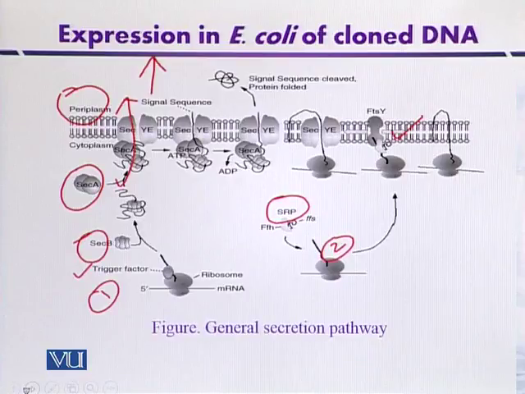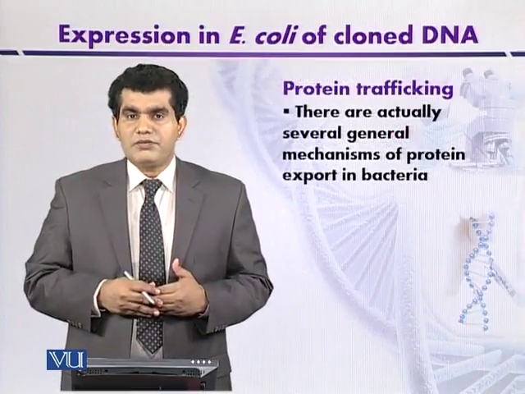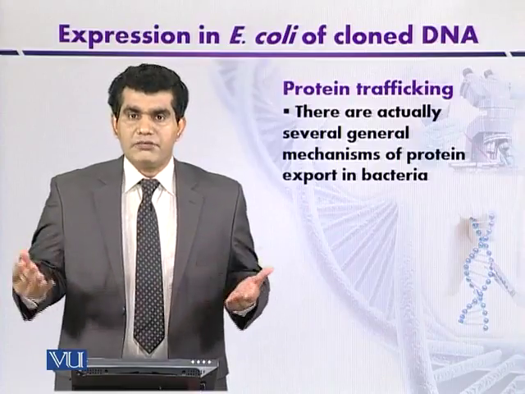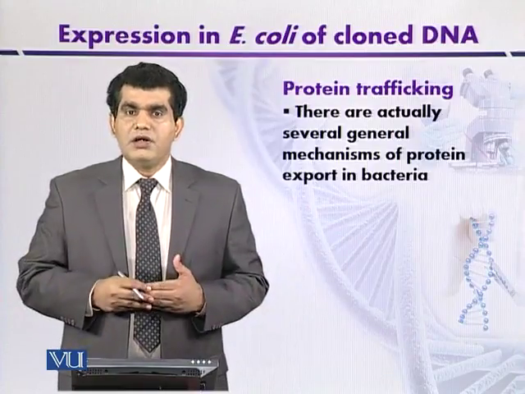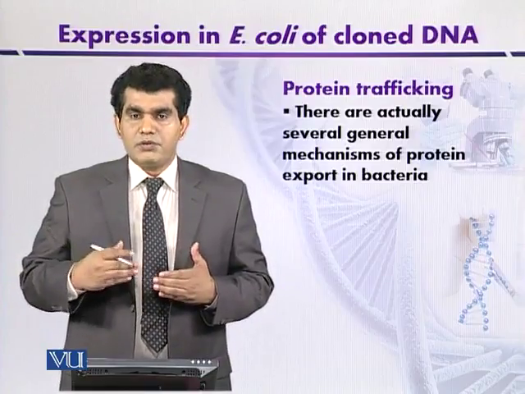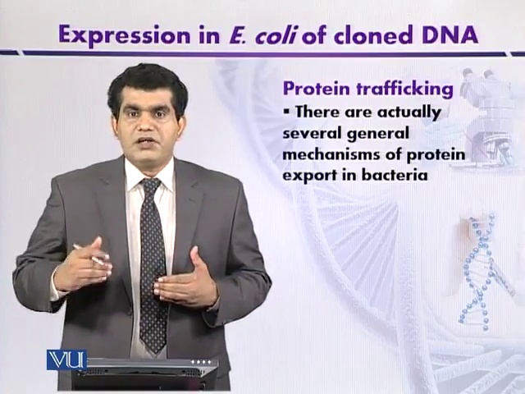So this is one example of the GSP pathway, commonly called the general secretion pathway. If we look at different types of secretion systems, we will realize that there are several. There may be up to 7 secretory systems for the movement of proteins, and each system will target a specific set of proteins.